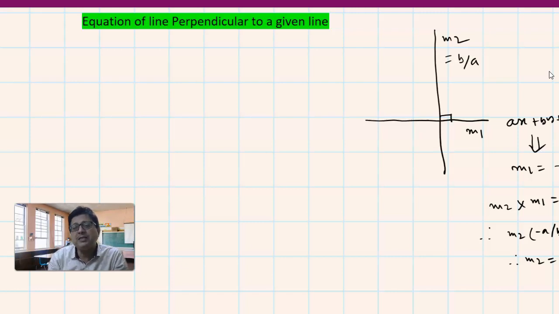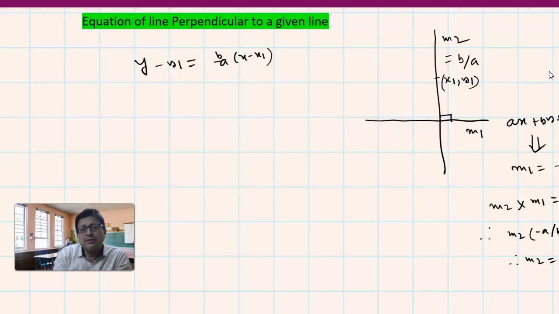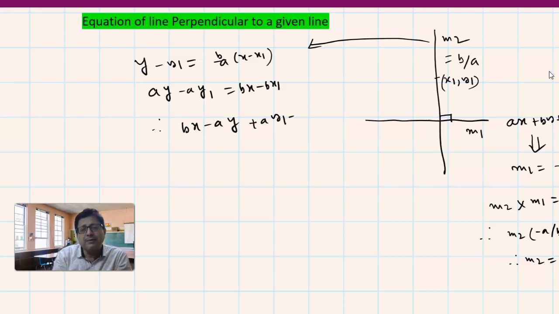Now if you know the slope of this line, then the equation can be determined. Again I am writing it for you. Suppose your known point on it is x1, y1. Then the line will be y minus y1 equal to b by a times x minus x1. You simplify it: ay minus ay1. What do you observe there? It is going to be bx minus ay plus ay1 minus bx1 equal to 0. The line given was ax plus by plus c.